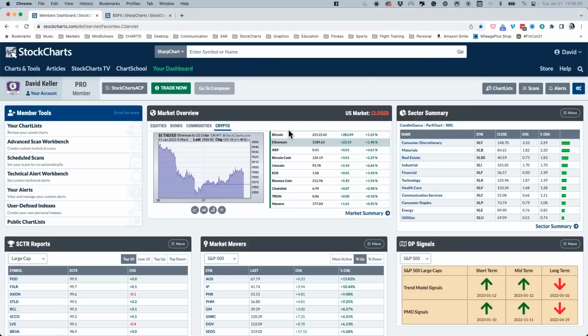Finally, cryptocurrencies are green across the board. When we look at the 10 most liquid coins that we track, Bitcoin is back above 23,000. Ether is nearing that 1,600 level. It was above 1,600 yesterday, but pulled back below today, sort of rotating back to the upside.